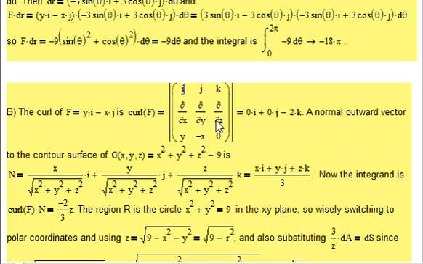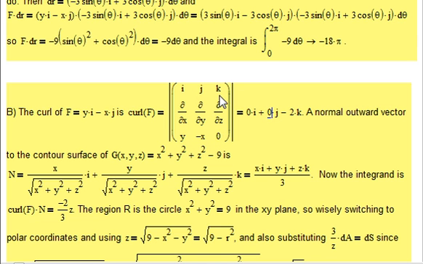The partial with respect to z of x is 0, so we just got 0i. Then minus j times this partial, which is 0, minus a negative, so you could say plus, it doesn't matter any way you do it, it's going to be 0 anyway, because the partial of y with respect to z is 0. So we got 0i plus 0j.